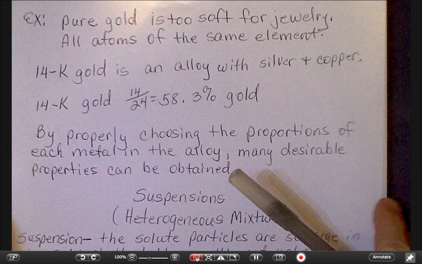Okay. Now we're going to colloids, which is the intermediate size. So we've looked at solutions and we've looked at suspensions. Okay, this one is colloids.